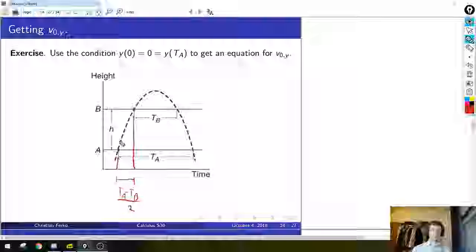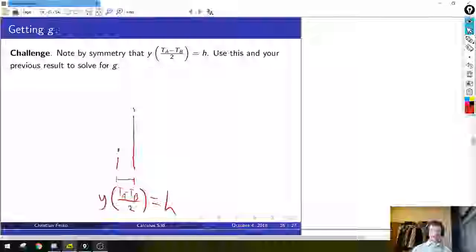So that's a useful observation, because now we know that when you plug in that value of time, ta minus tb over 2, into our function y of t, as we've drawn it, this thing is at height h. So we're going to use that to nail down the problem, actually. That's the last ingredient we need. So, by symmetry, indeed, y at ta minus tb over 2 must be h.